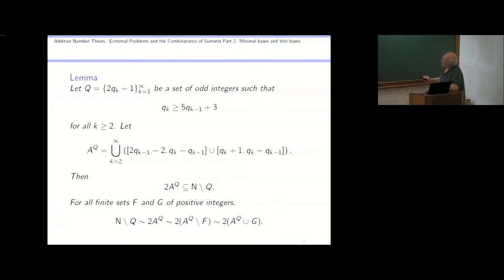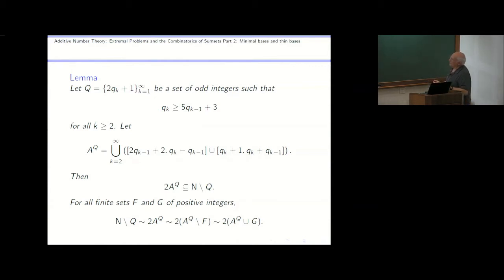And if you were to draw a picture of this, you would see that if you look at pairs of numbers symmetric around q_k and a half, let's say, you might have a number here, but the corresponding number wouldn't be here. So no two of these numbers will add up to this guy. And if you take this set of numbers, it's just a little calculation. It's nice.